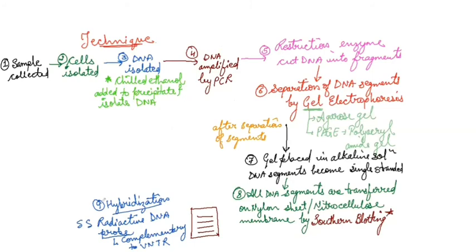So step number 10 is photographic observation on photographic or X-ray film.